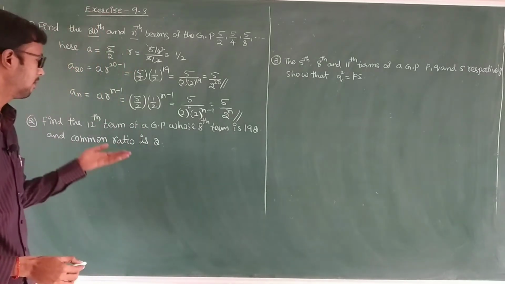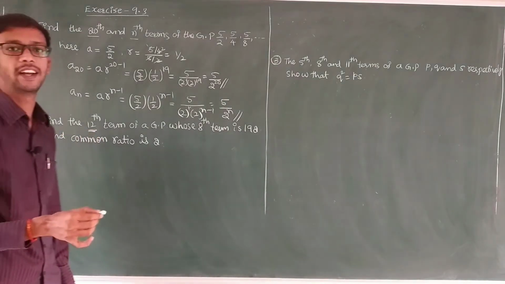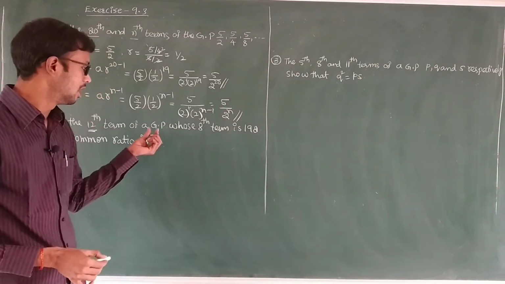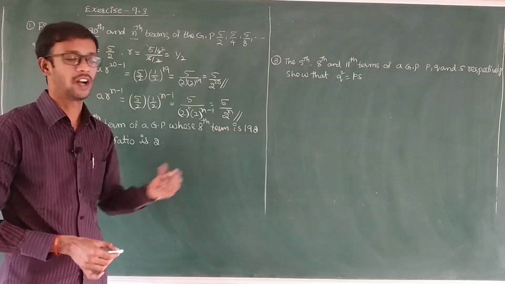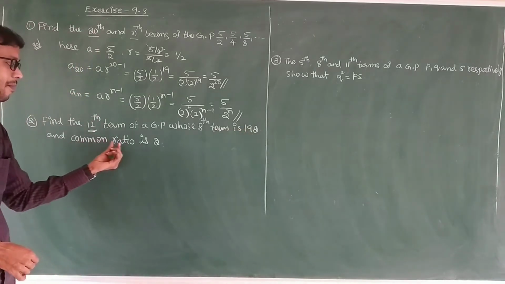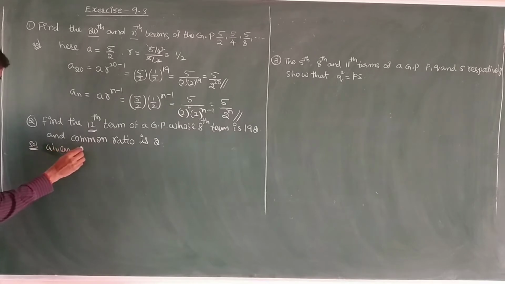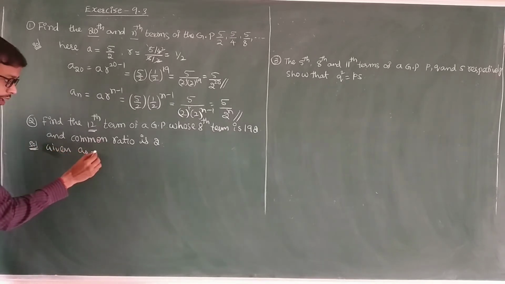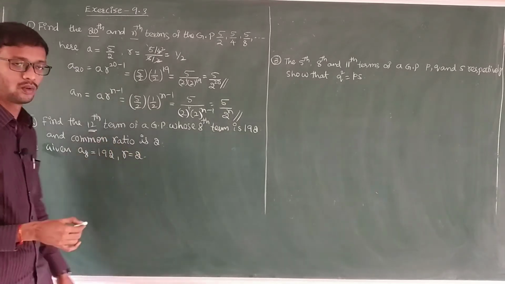Next, problem number 2. Find the 12th term. We have to find the 12th term of a GP whose 8th term is given. The 8th term is 192 and the common ratio is 2. So first I will write here, given: A8 is equal to 192 and common ratio is 2.